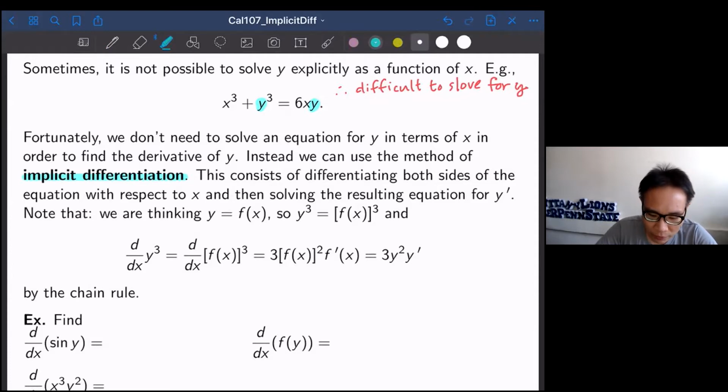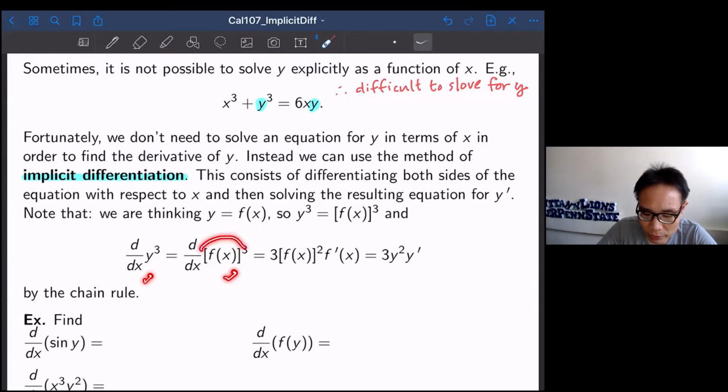For example, when you take d/dx of y cubed, y cubed is going to be f(x) cubed. So in this case, you apply the chain rule together with the power rule.